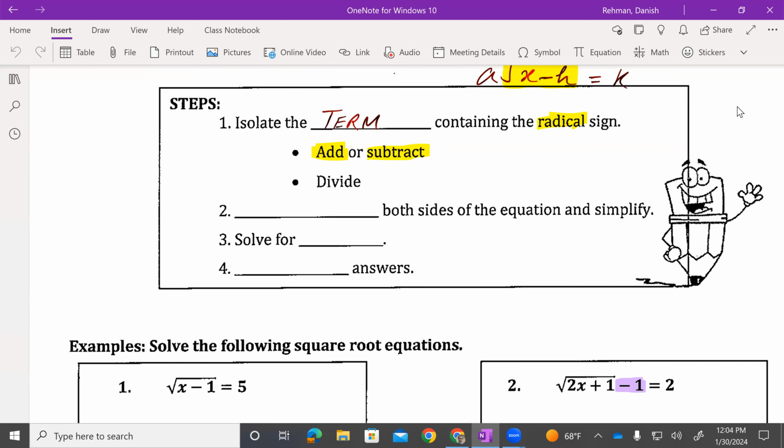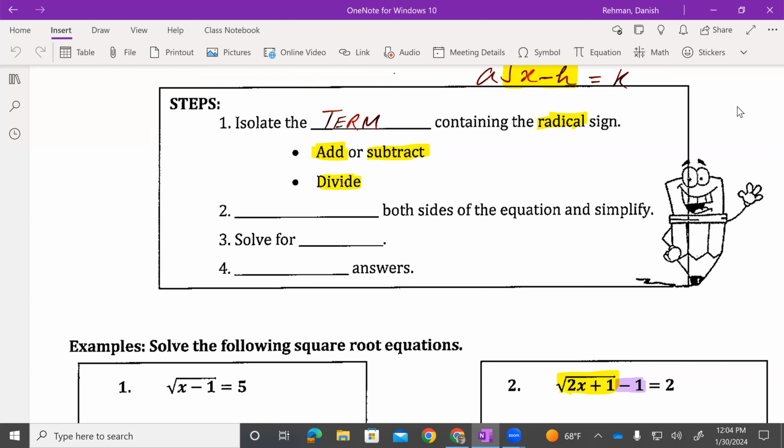Subtraction needs to be changed to an addition. Like in question number 2, we can add a 1 to isolate it. Addition, subtraction, or division, use these operations to isolate the square root term.